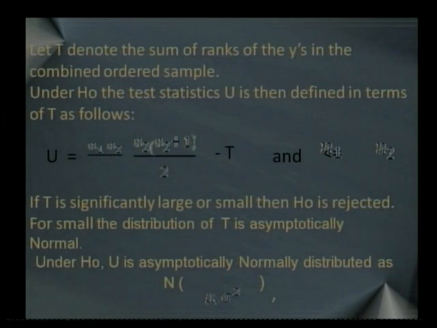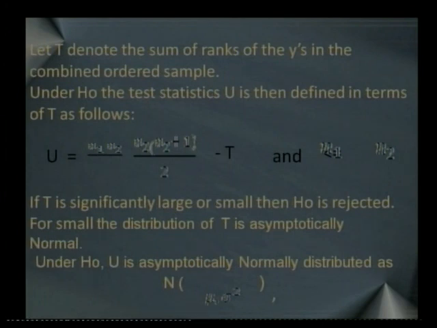Now let T denote the sum of the ranks of the Y's in the combined ordered sample. Under H0, the test statistic U is defined in terms of T as follows: U equals n1 times n2 plus n1 times (n2 plus 1) divided by 2, minus T. Also the first sample size should be less than the second.